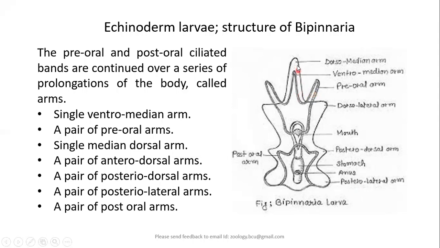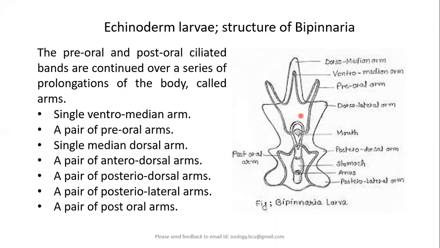There is also a single median dorsal arm, a pair of anterior dorsal arms, and a pair of posterior lateral arms and also post-oral arms. So these are the 7 types of arms we come across in the structure of Bipinnaria larva.